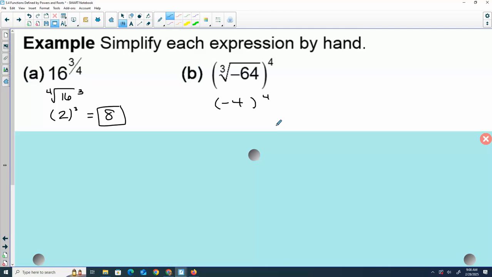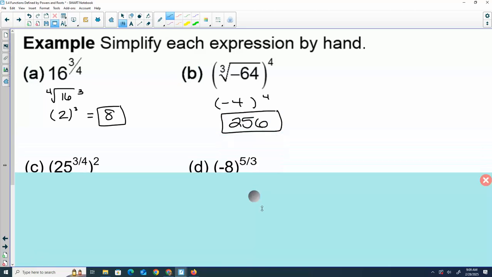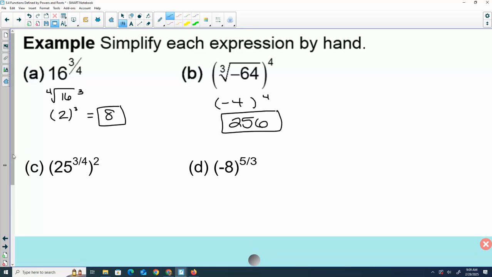What happens if you take a negative to the 4th power? Well, if you do a 4th root, it's a domain error, but we can take it to the 4th power. It would turn out positive. And 4 to the 4th, we get positive 256.